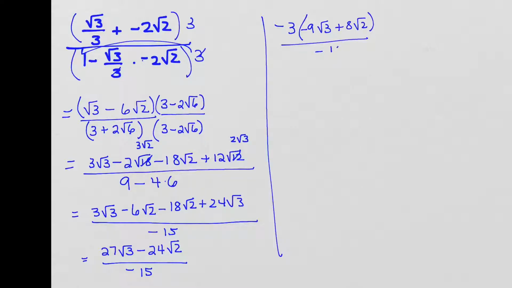And this is over a negative 15, so then I can simplify and get a positive 5 in the denominator. So I'll make this 8 square root of 2 minus 9 square root of 3 over 5. So that way, it's just nice to have the first term positive. It doesn't really matter. But now let's take a look at what our choices were.